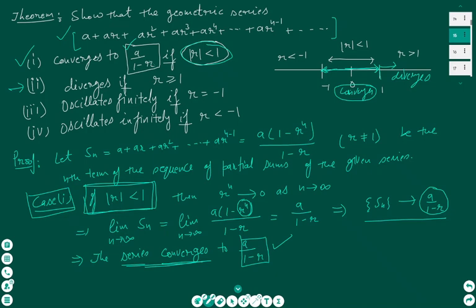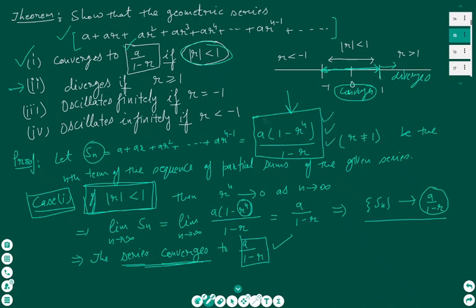Now we discuss something very important. In this series, we were able to discuss the convergence because we were able to find the sum of first n terms of this series. Sometimes in a series we are not able to find the sum of first n terms.